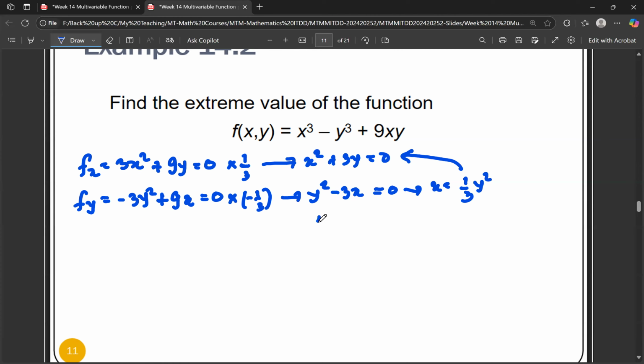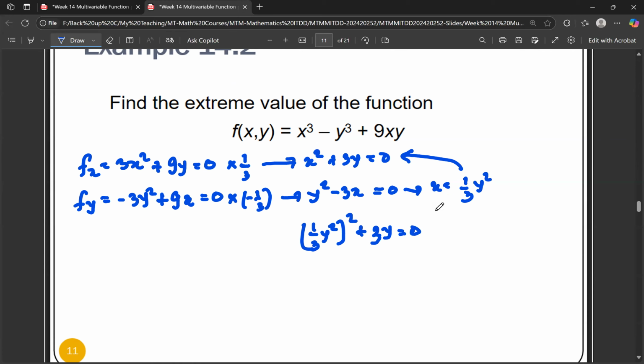We have 1 over 3, 1 over 3 y squared, squared, plus 3y is equal to 0.